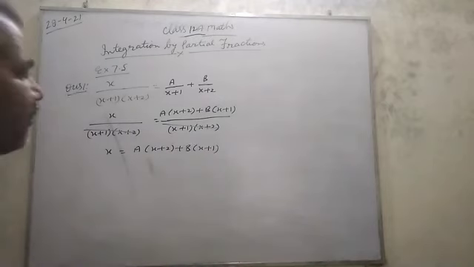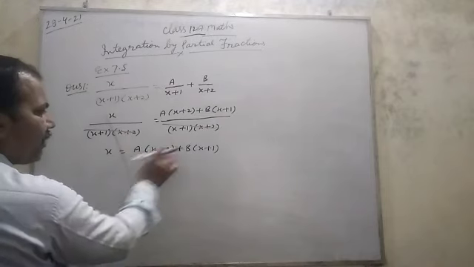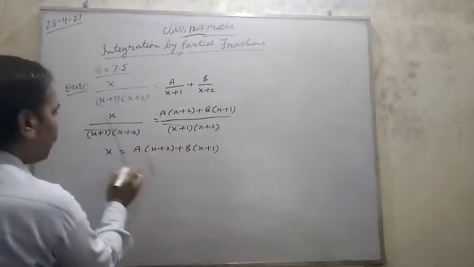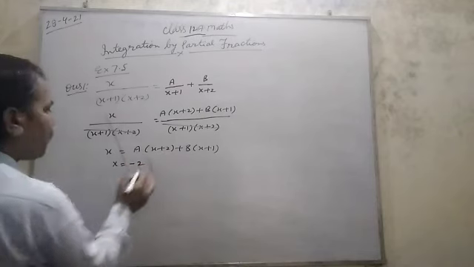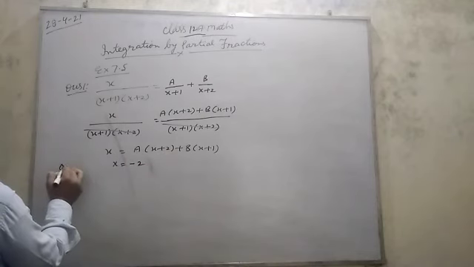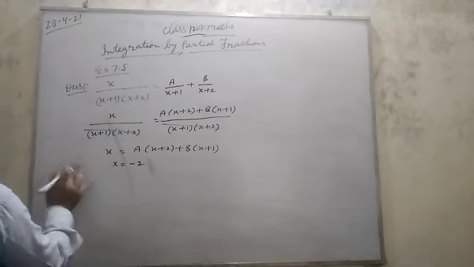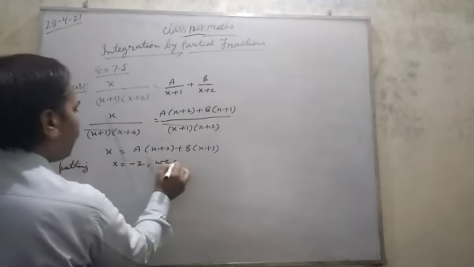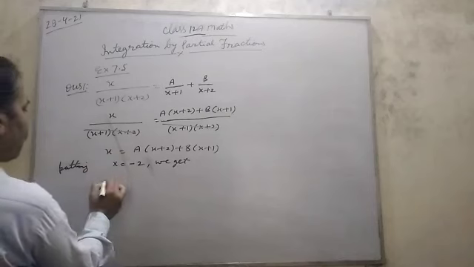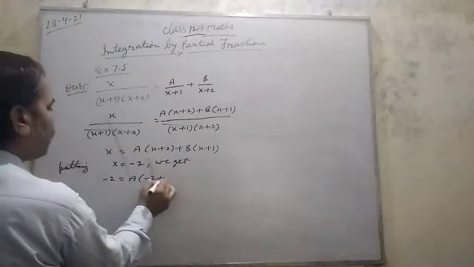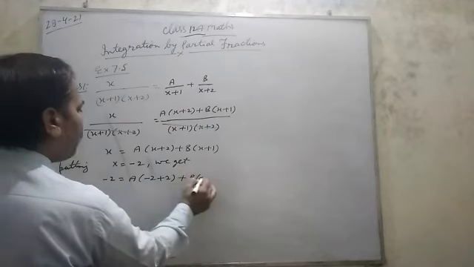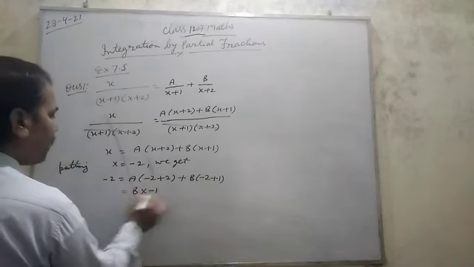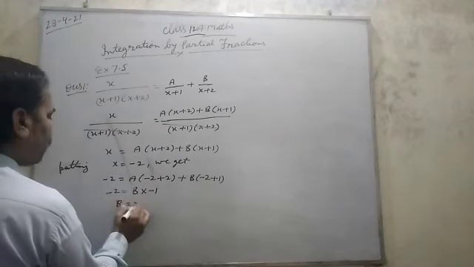For finding A and B, put the coefficient of A or the coefficient of B equal to 0. The coefficient of A is x + 2; x + 2 = 0 means x = −2. Putting x = −2, we get −2 = A(−2 + 2) + B(−2 + 1). This term is 0, so B into −1 equals −2, so B = 2.